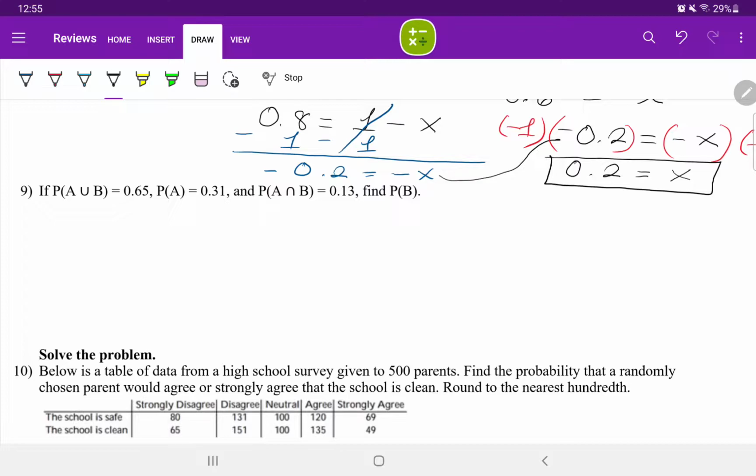And I gave you guys these two things. The word or represents union, and the word and is the intersection. So keep that in mind. We can replace the union with or and the intersection with and. So this can be the probability of A or B. This right here is the probability of A and B.